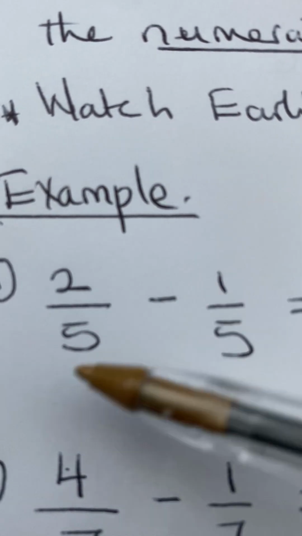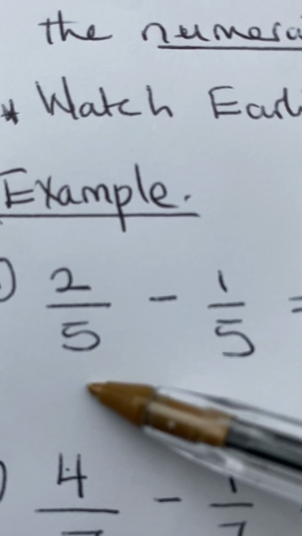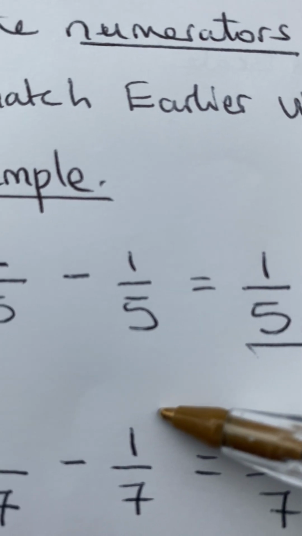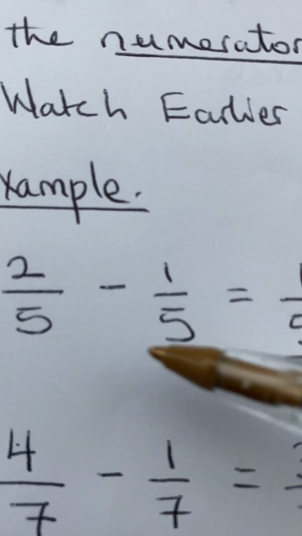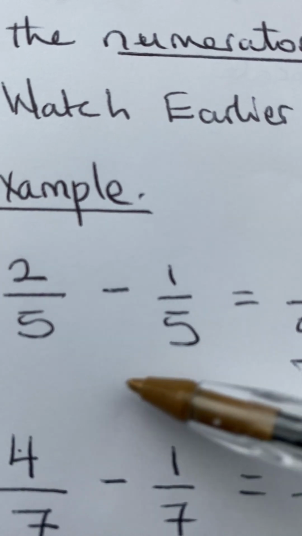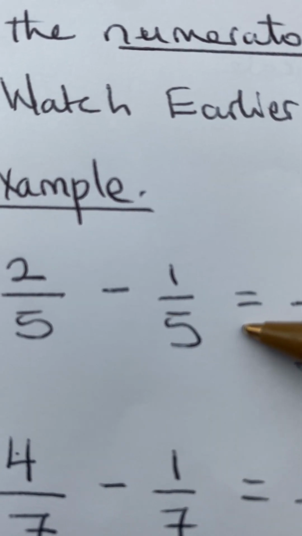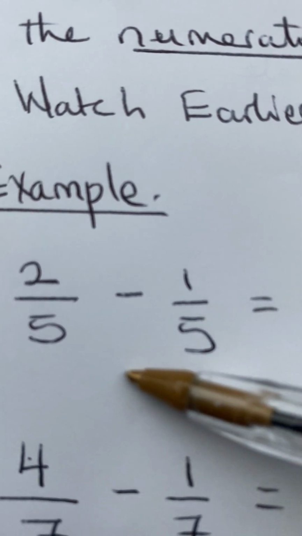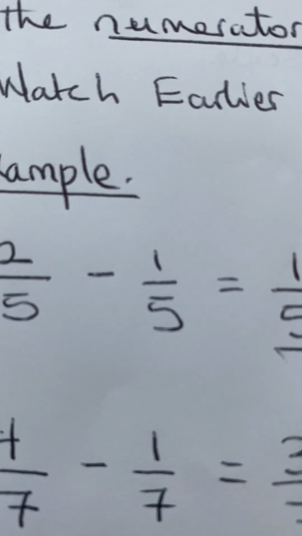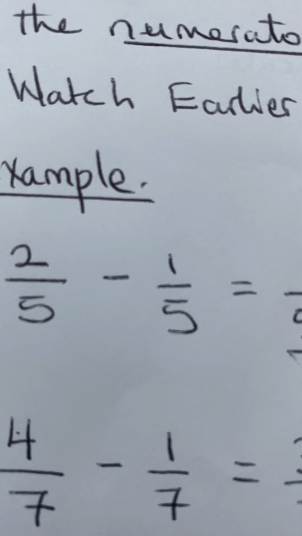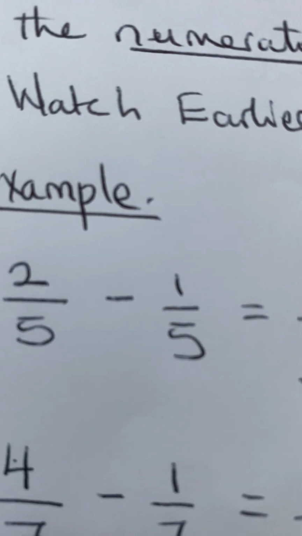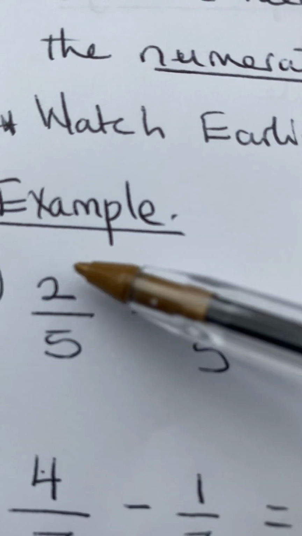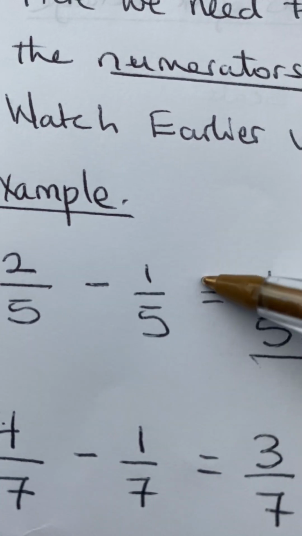So the example, 2 over 5 minus 1 over 5. Here the denominators are the same. Assuming they were not the same, then we have to use our knowledge of factors to make them the same, or equivalent fractions. But here they are already the same, so we just subtract the top part.